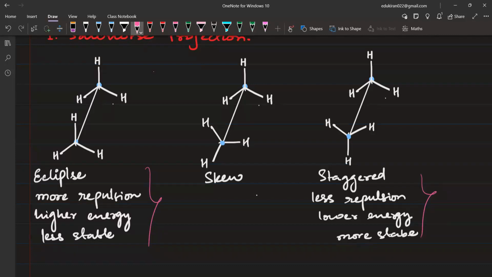Also, just a tip for writing this eclipse and staggered, उसमें ये है कि जो आप दो कार्बन एटम के लिए लाइन बनाए ना, see that it is near to straight rather than very slant. एक तो इस तरह अगर slant बनाएगा तो it will be difficult इस तरह से समझना. ठीक है, अब इस कार्बन एटम के लिए हाइड्रोजन बनाने जाइएगा तो it will be like this. Yeah, it will not look very good.